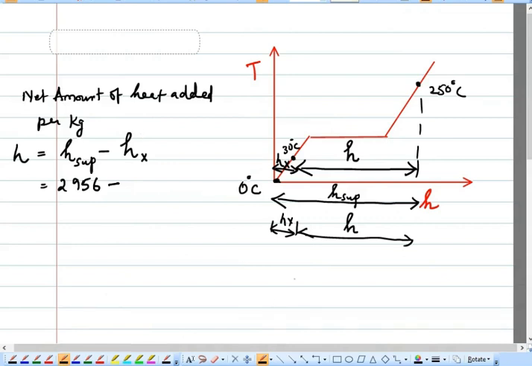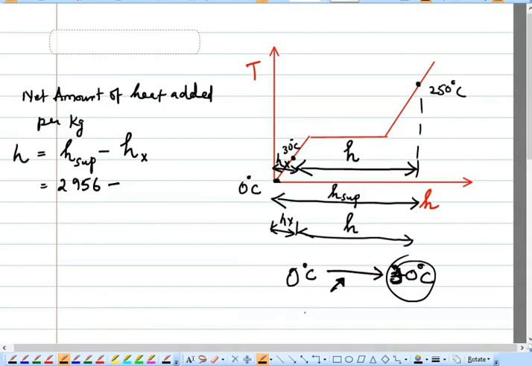I have water at 0 degrees Celsius. From this to 30 degrees Celsius, what is the amount of heat that is to be added? Because it is already at 30 degrees Celsius.